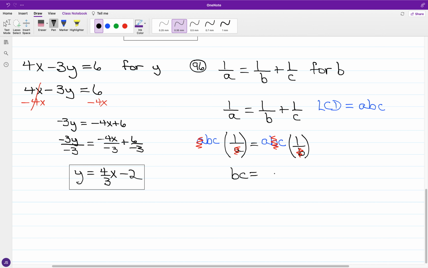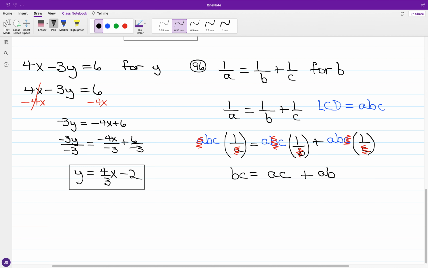So I have A times C, and distributing ABC over 1 over C. And looking at it through the lens of cross multiplying, the C's will go out. And so now we have BC is equal to A times C plus A times B.